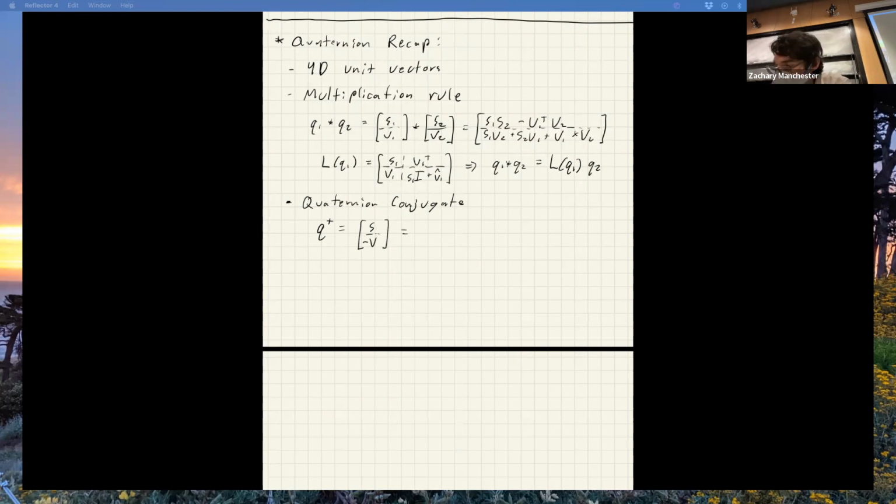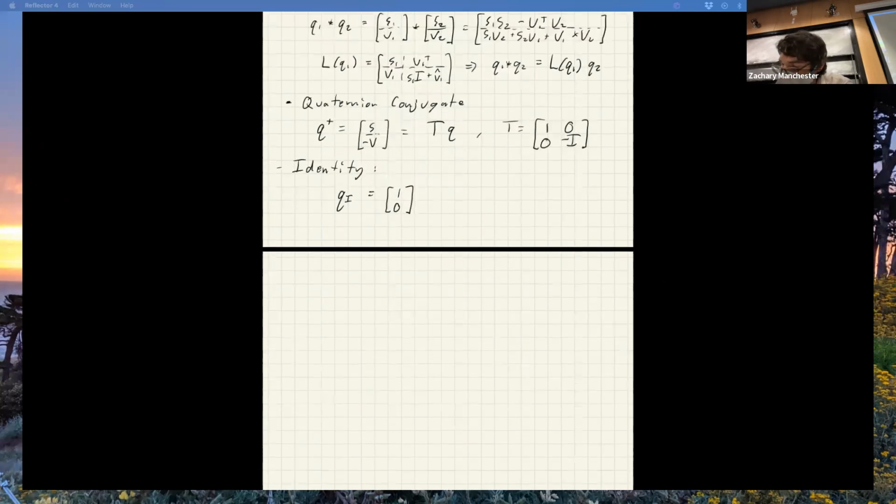We can write this as a matrix operation as well, where T is a 1 and then a minus identity. We have a quaternion identity that we'll write like Q sub I, which is just a 1 and then a 0 vector part.